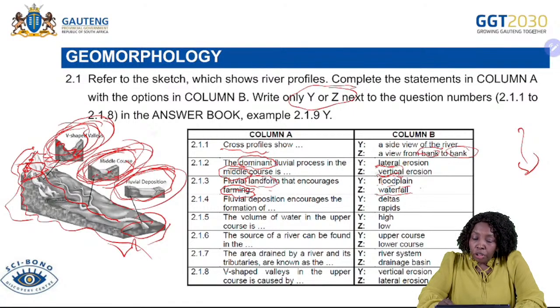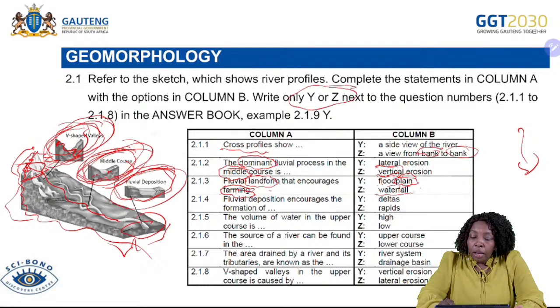So looking at these two landforms, which of the two do you think would be most appropriate for farming to take place? So floodplain, just looking at the word plain, it gives you a guide to the fact that it would be an area that is more or less flat, because it says plain there.